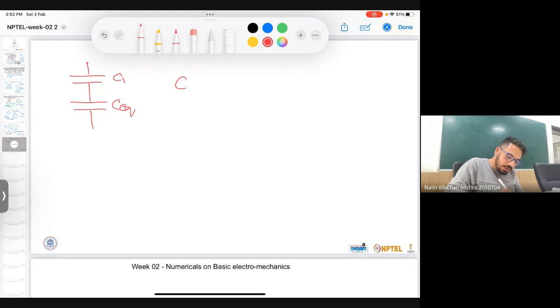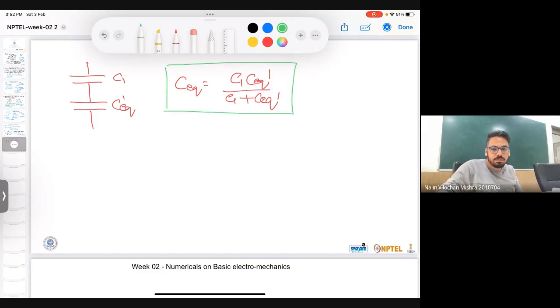Let me denote it as C equivalent dash. So the final C equivalent will be C1 times C equivalent dash divided by C1 plus C equivalent dash. Anyone has any doubt till here?